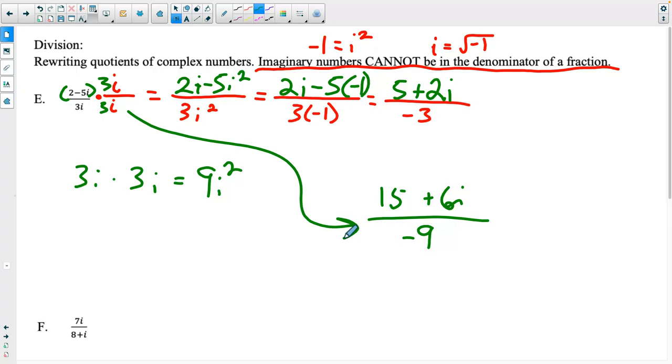The bottom would cancel out. So you're saying this would cancel out. You wouldn't have a denominator. It'd be a fraction. All it's saying is 2 minus 5I divided by 3I.